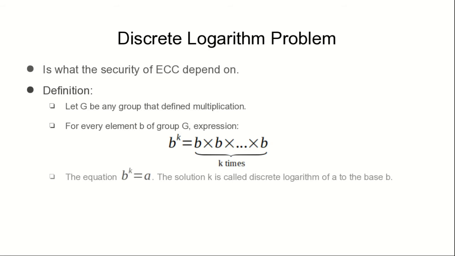In the equation B to the power k equals A, with B and A known, the solution k is called the discrete logarithm of A to the base B. If A and B are real numbers, it is trivial to find k, but in general, it is very hard.